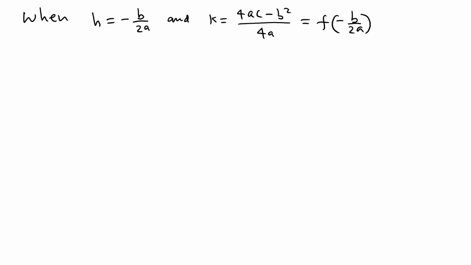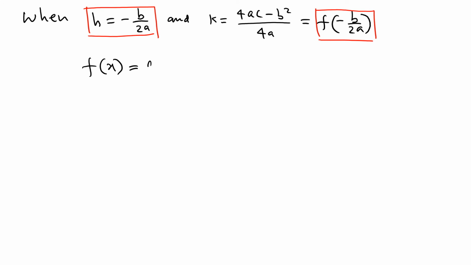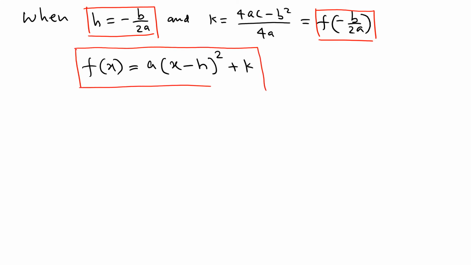So this is important, and also this is important, that is the k value. If this is the case, then you can write your function f of x in this form: a times x minus h, squared, plus k. So this is what we call the standard form of the quadratic function.